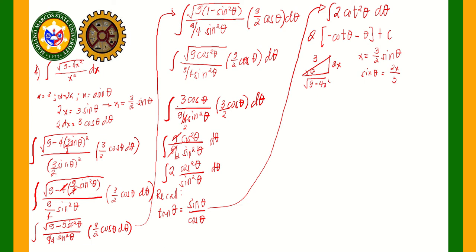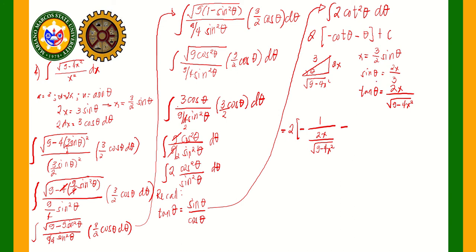Okay. So from there, let's get tangent. Tangent theta will be equal to opposite over adjacent, that is 2x over the square root of 9 minus 4x squared. Okay? So from there, our final answer will be equal to 2 times negative 1 over 2x over the square root of 9 minus 4x squared, and then minus theta.